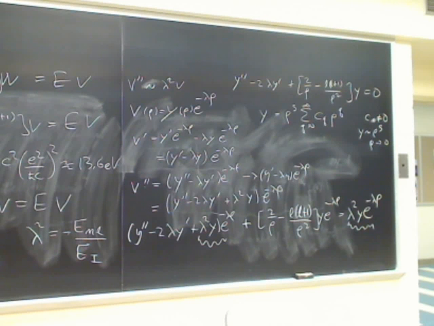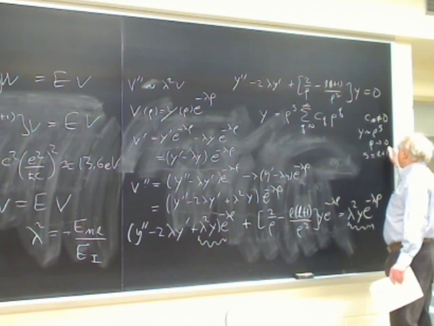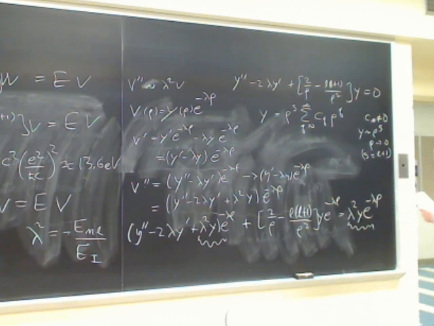At small r, y is essentially u, and u goes as r to the l plus 1, and so we expect here that s is going to be equal to l plus 1. That's at least what we expect.